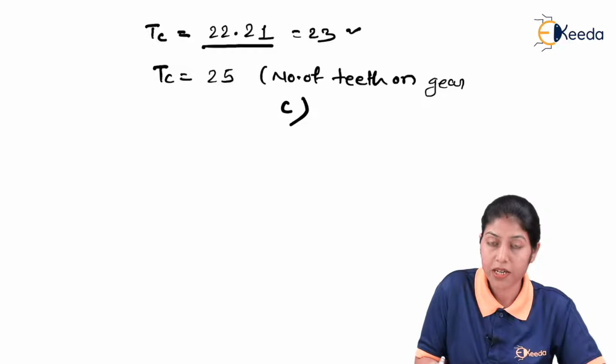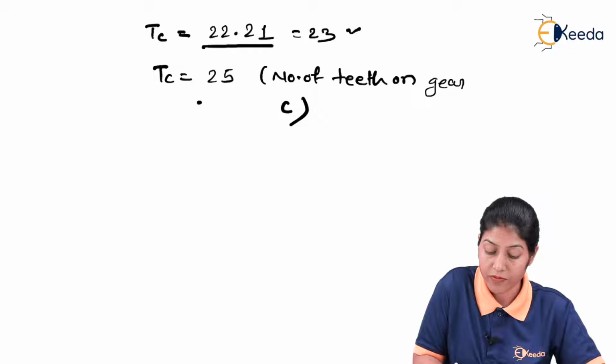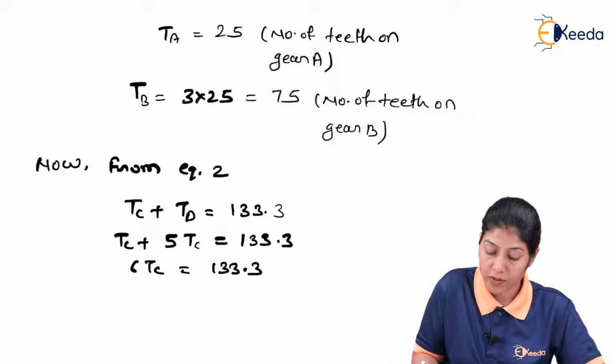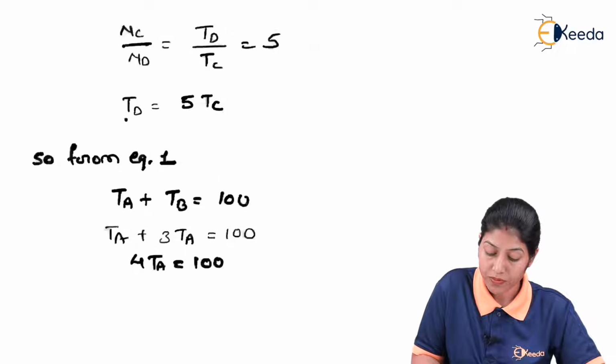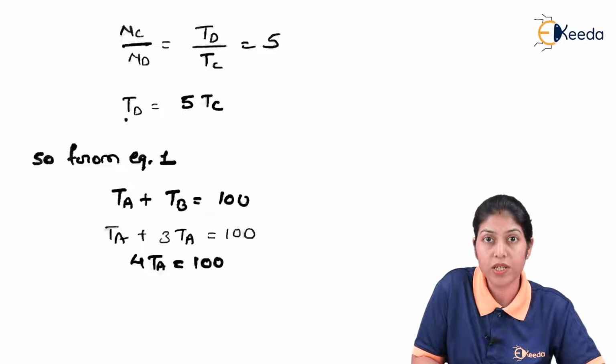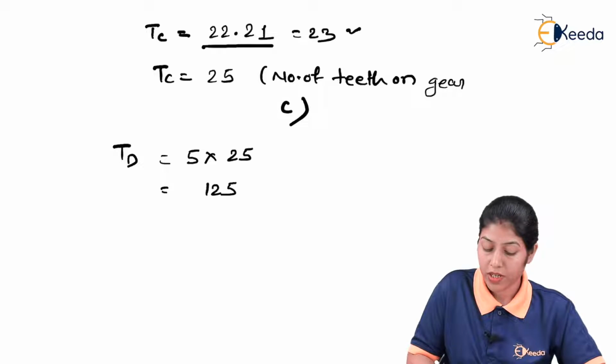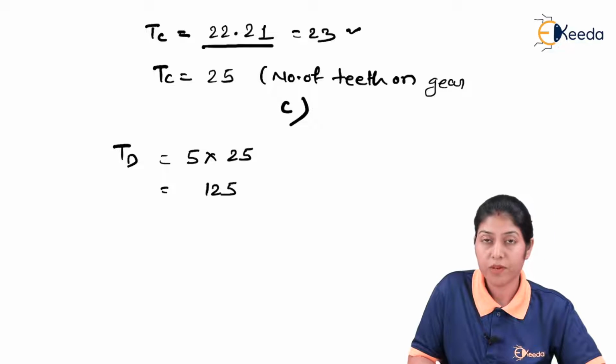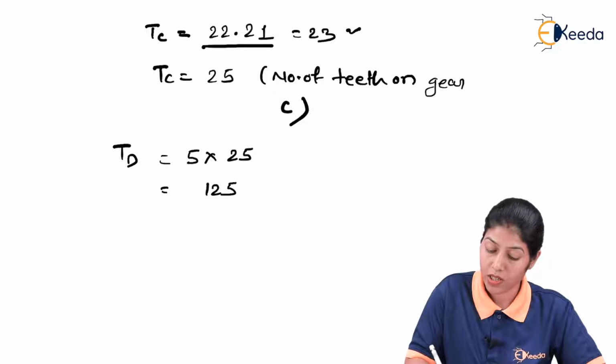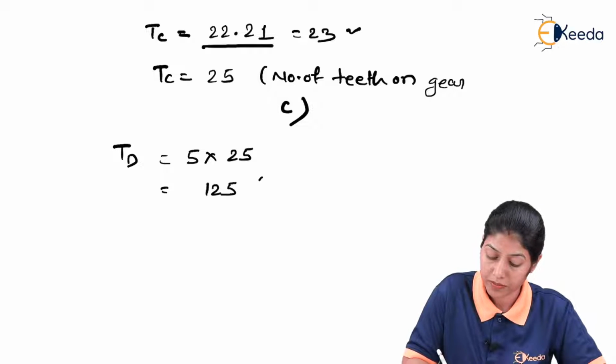Now similarly, we can define the number of teeth on gear D. We have the value of TC, so we will put this particular value here, 5 into TC. So the number of teeth on gear D will be 5 into TC, so it will be 125. So now we have all the number of teeth for each gear.